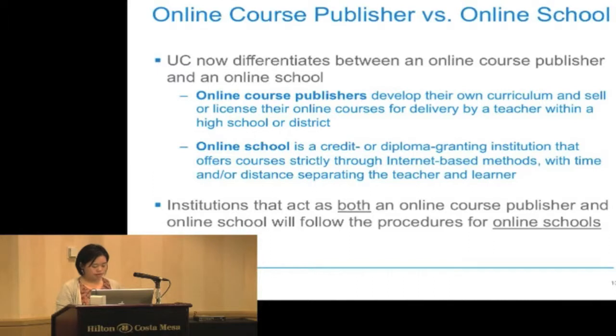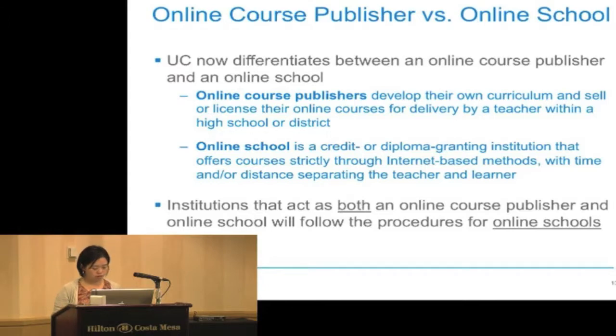One of the things that's important to understand here under this revised online course policy is that UC is now distinguishing between online course publishers and online schools. So in the past, these types of online entities were bundled under the same label as online providers.